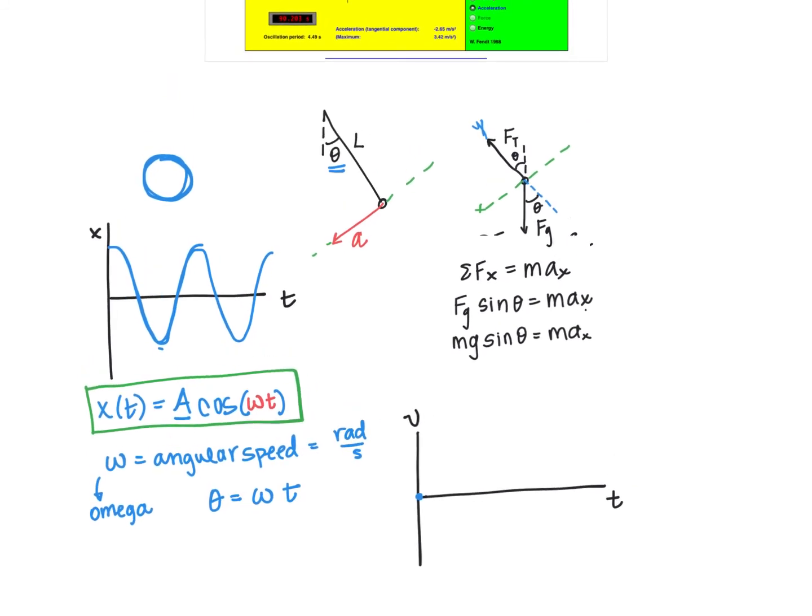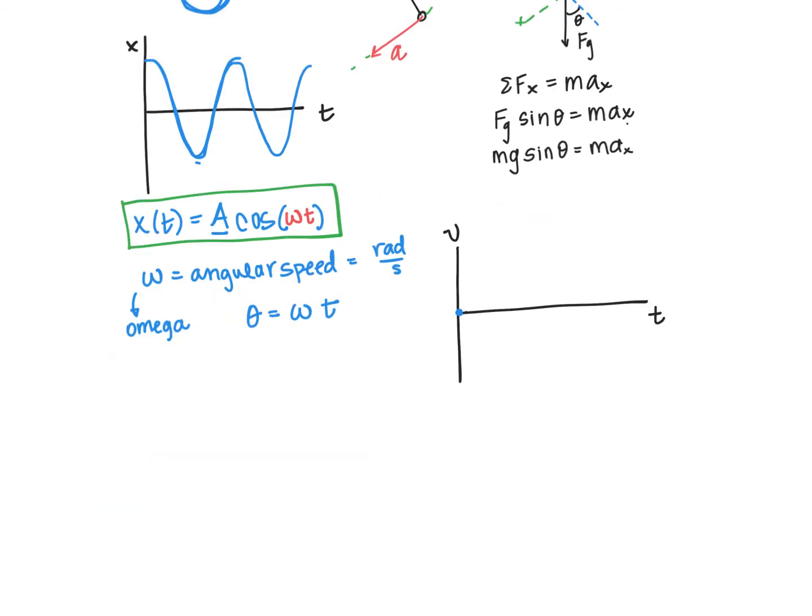The pendulum is going to move in a direction that is down and to the left here, and our tangential velocity will be directed along the same line as the acceleration. I'm going to make that the negative direction, and then as I come back, I'll make that the positive direction. So swinging left and then swinging right.